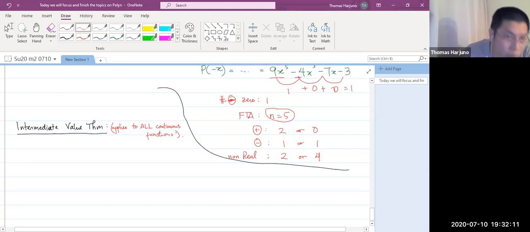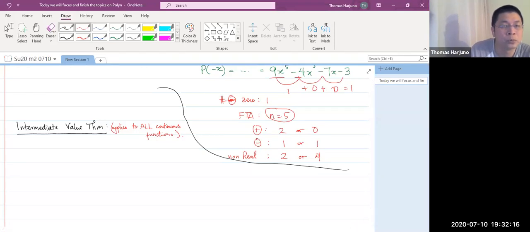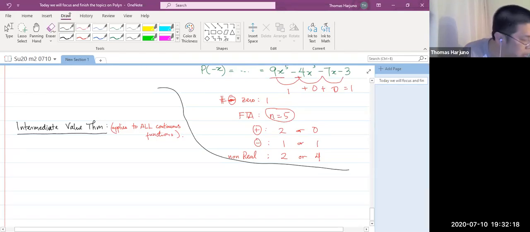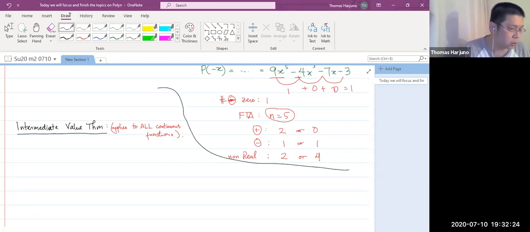Okay, now polynomials happen to be one of those continuous functions. So my intermediate value theorem here will be on a polynomial function. Okay, now what it says is the following.